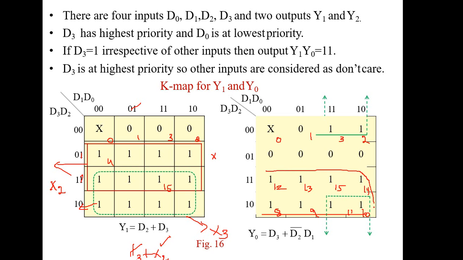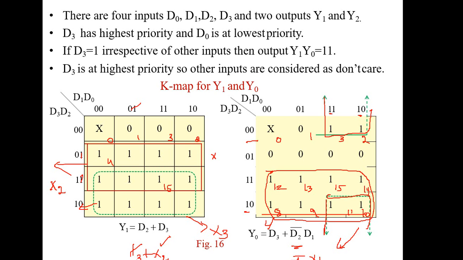This is one grouping and we already know this answer is x3. One more grouping we can do is this 3 to 1 grouping and this 11 10 grouping. For this grouping, see here 1 0 0 0, so x2 bar. And here 1 1 1 0, so 1 is high, so it is x1. So we can call it x2 bar x1.